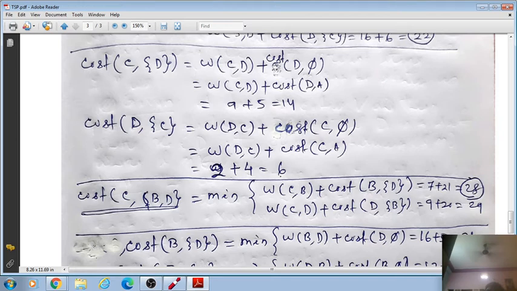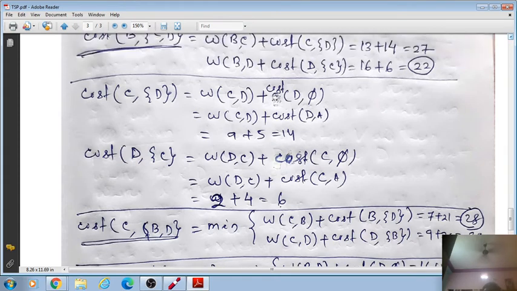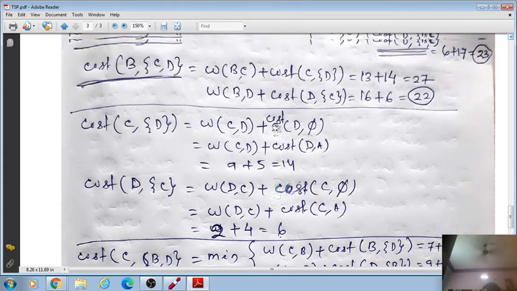So if it is finding cost C to D, another is there because you have to find it. So it is 14. Just go to the previous step. I have found weight of BC is 13. From this I got 14. So 13 plus 14 becomes 27. Clear? Similarly, for cost of D to C, I have calculated in that way.